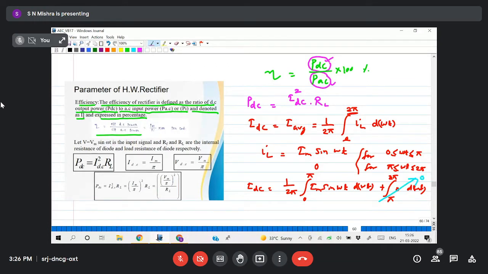So forget about this term. Now consider the first term here. IDC equals 1 by 2 pi. Let us take Im outside. So Im by 2 pi, integration of 0 to pi sine omega t d omega t. What is the integration of sine theta?